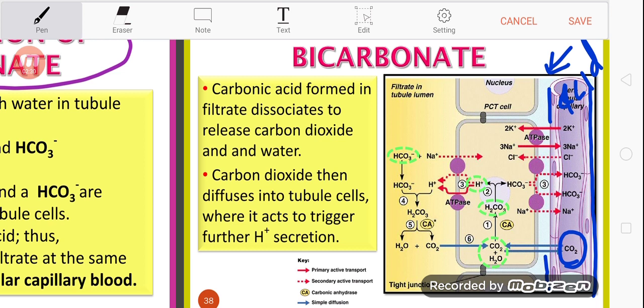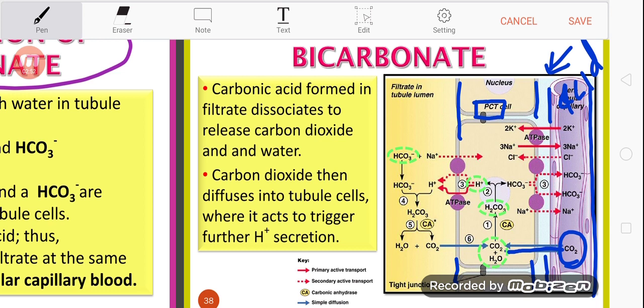This carbon dioxide will diffuse into this cell of the proximal tubule. PCT here is the proximal convoluted tubule. At the proximal tubule of the nephron, the cell here we call a principal cell.